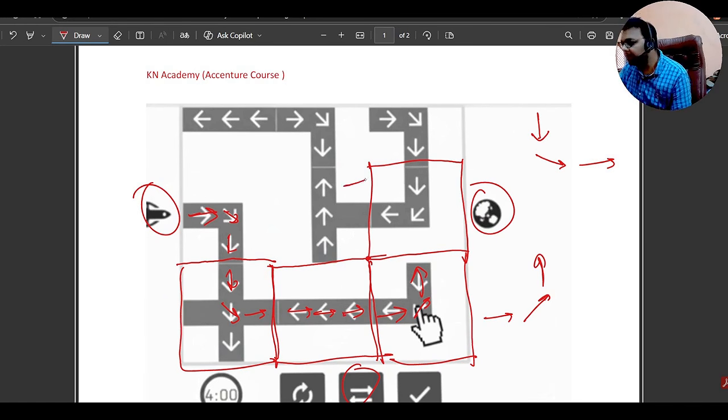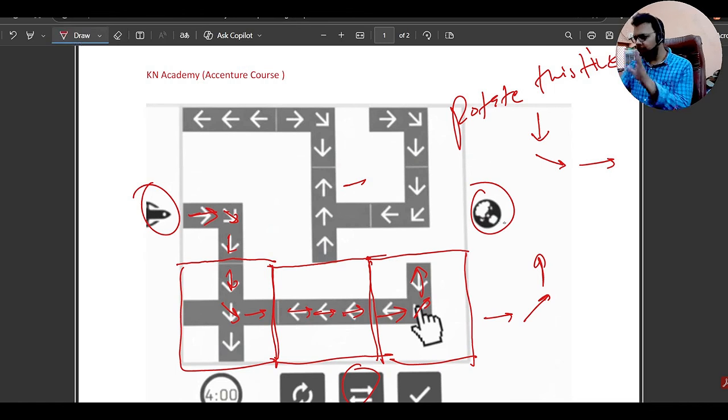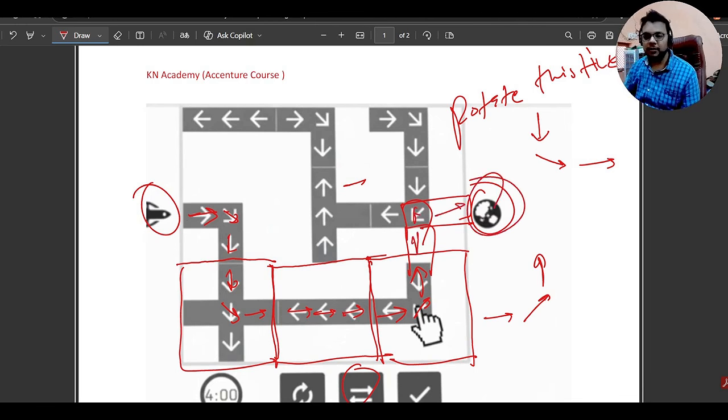That's why we will rotate this tile. If we rotate this block, definitely after rotating one or two times, this will make a path like this and this, and we will reach the end. That's how we will solve this. While rotating this, definitely it will make a path like this.